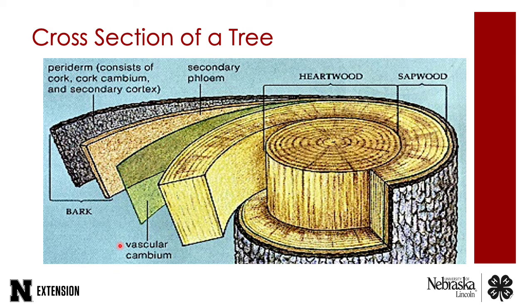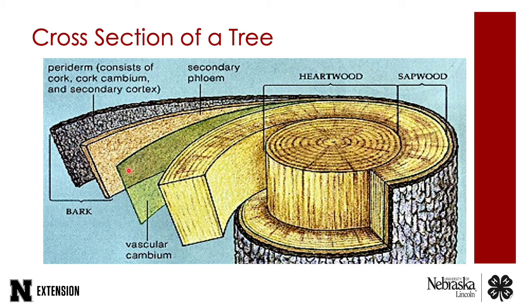Now, the vascular cambium every year will put on new layers of xylem and phloem. The xylem cells are produced toward the inner part of the trunk, and eventually they will become the sapwood, which is still active cells of xylem, and the heartwood, which is an inactive section of xylem, which is no longer functioning physiologically for the tree.